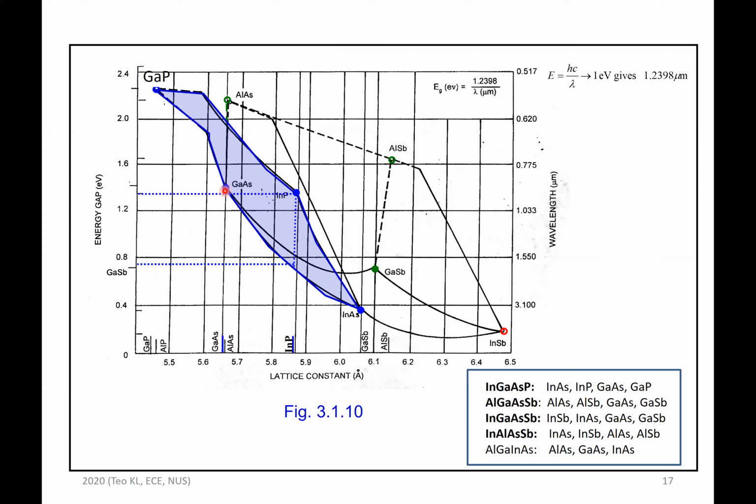Of course, the best will be to grow on gallium arsenide, because you can see the ternary boundary line between aluminum arsenide and gallium arsenide is almost vertical and it matches the gallium arsenide lattice constant. So I can grow aluminum gallium arsenide for certain compositions to have this range of band gap energy.